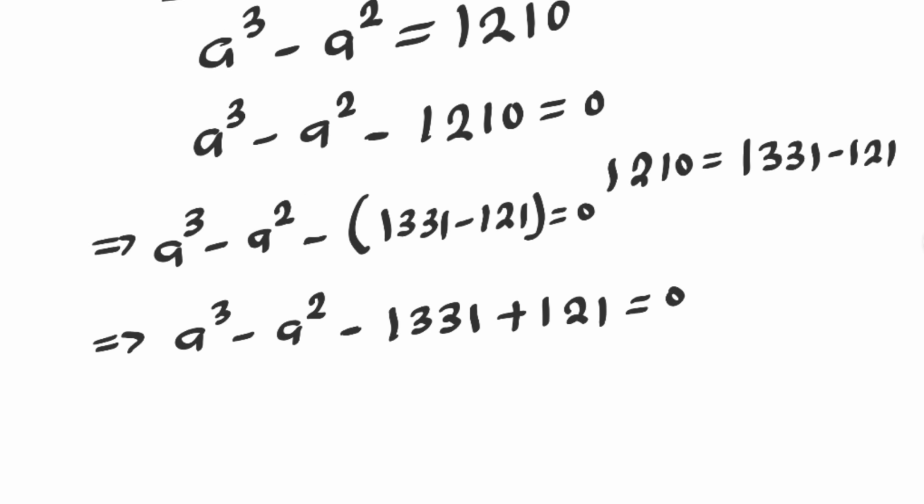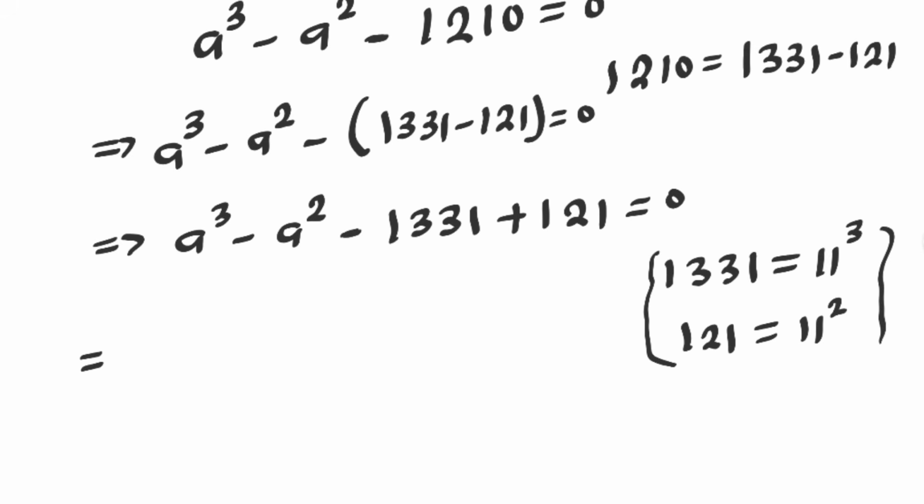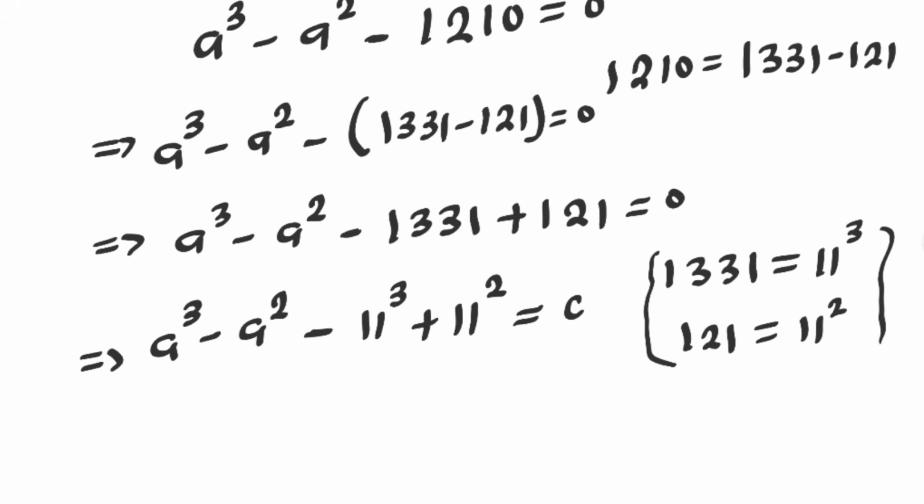Do you agree with me that 1331 is equal to 11 raised to power 3 and 121 is equal to 11 square? Then this can be written as a raised to power 3 minus a square minus 11 raised to power 3 plus 11 square is equal to 0.